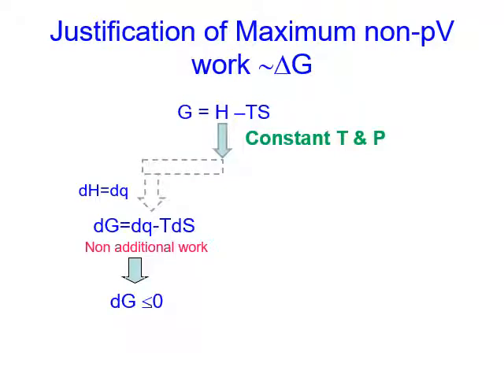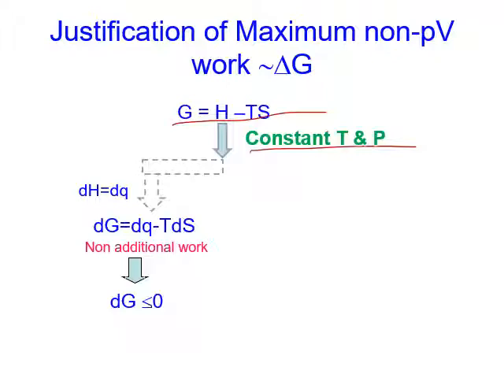Let's justify the fact that Gibbs energy change is the maximum non-expansion work under constant temperature and pressure. So we start with the definition of Gibbs energy equals H minus TS under constant temperature and pressure. If there's no non-PV work, in other words, the work is only due to the volume change, then we are familiar with the system. So let's just go over this.